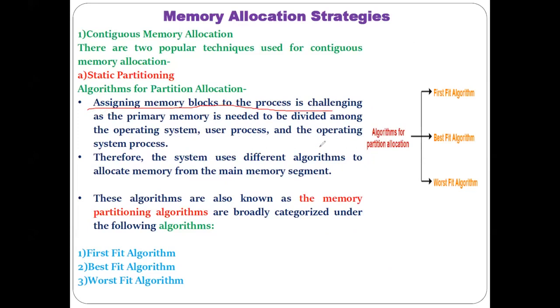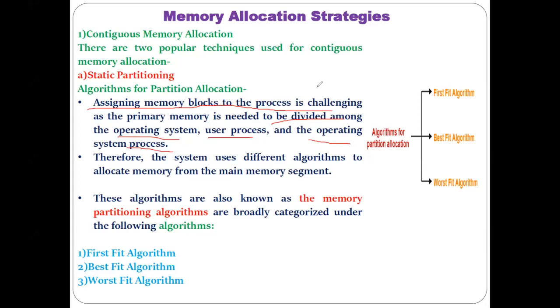And primary memory does not contain only the user process. The primary memory is always divided among the operating system as well. Our operating system is also there in the primary memory whenever you start the computer. Also, when you do some task on the computer, that user process also needs the primary memory. And the primary memory is also needed by the various operating system processes.